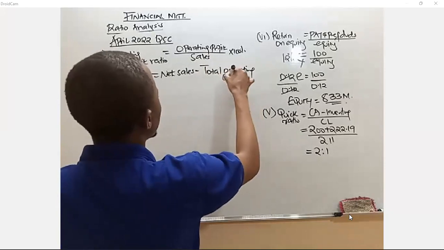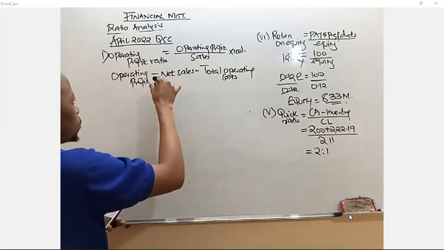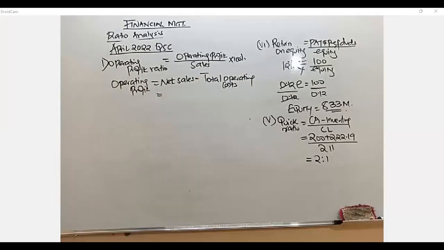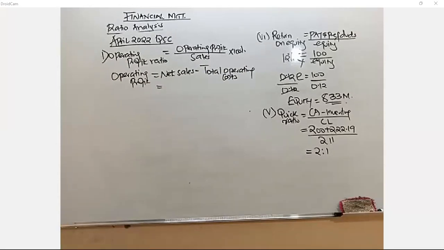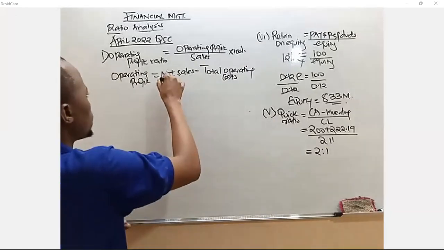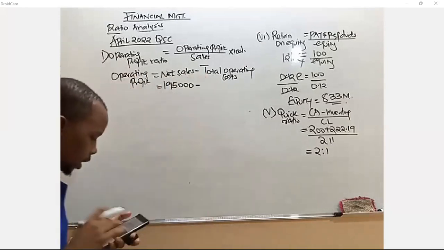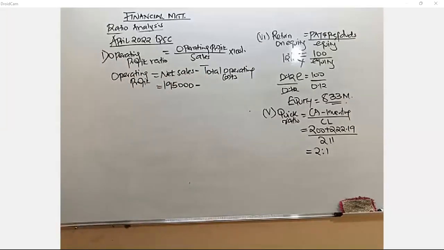When you go to the income statement provided, there is net sales. When you take your sales minus the sales return, you get the net sales of 195,000, minus the total operating cost.